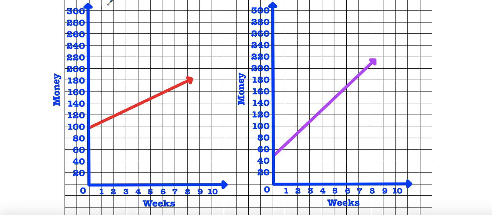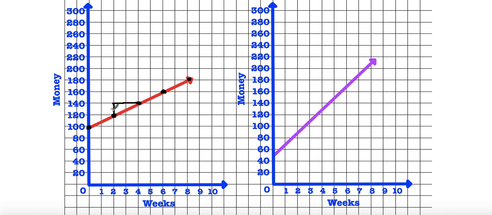So I'm going to put my points on exact coordinates. And what the slope is, by looking at our graph, is we're going to take two coordinates and we're going to see how much we rise and how much we run.